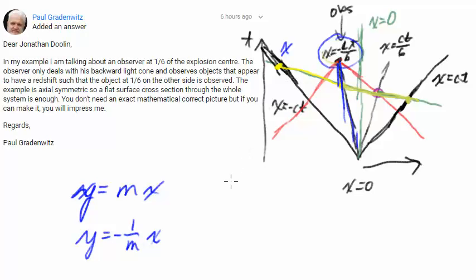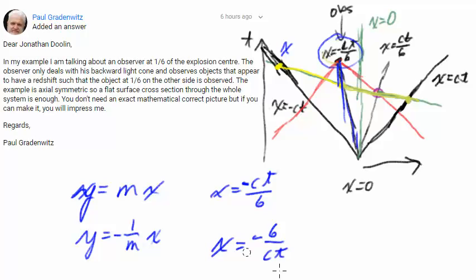This one has x equals ct over 6. This line should have x equals negative ct over 6. This line should have just the reciprocal of that, negative 6 over c.